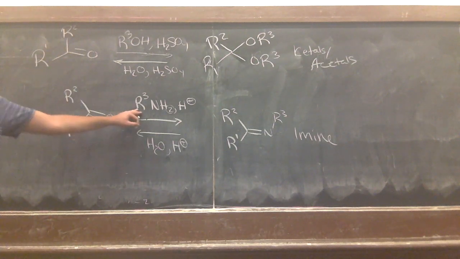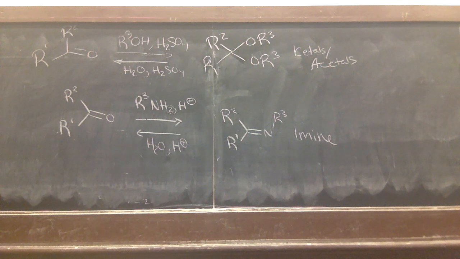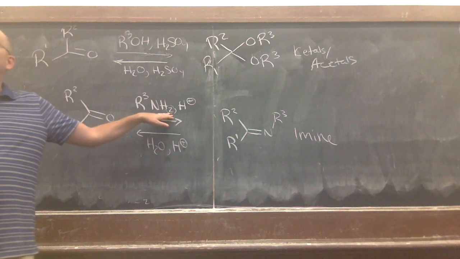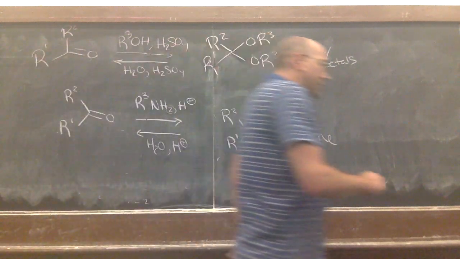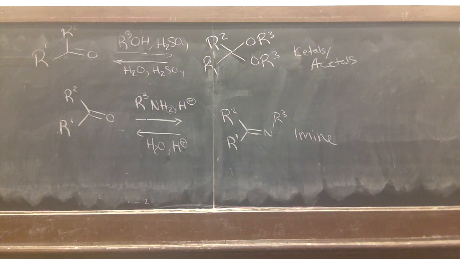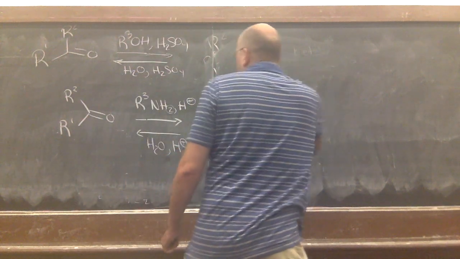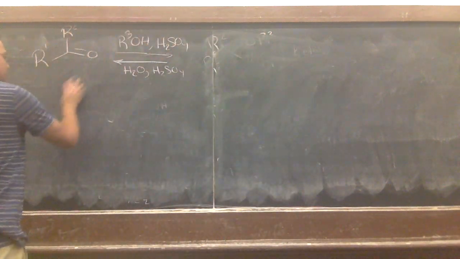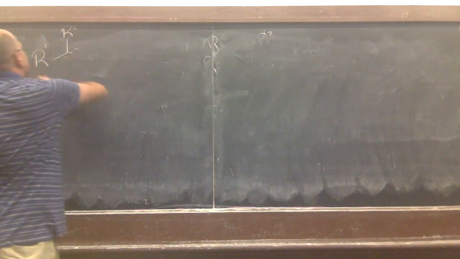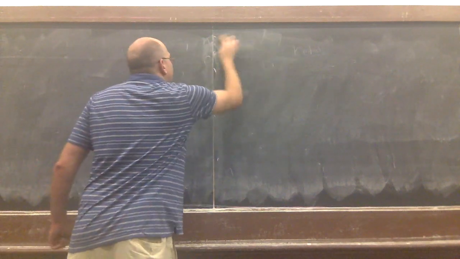Notice that this is the reaction if I did this with a primary amine, right? So where the nitrogen has 2 hydrogens on it. However, if we did the exact same reaction, but instead of a primary amine, we had a secondary amine, meaning that there's only 1 proton.